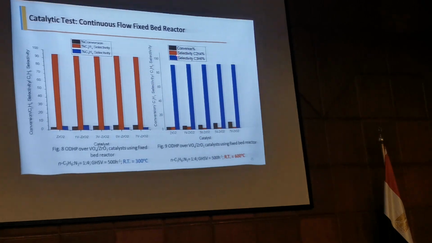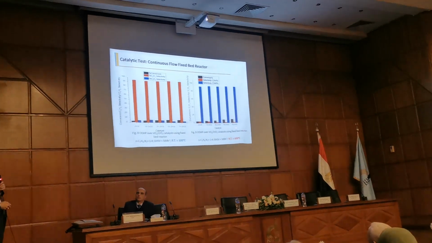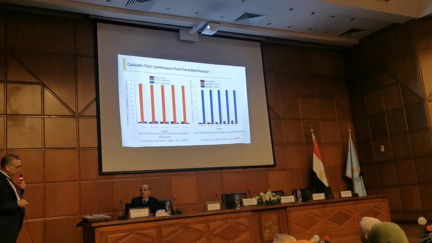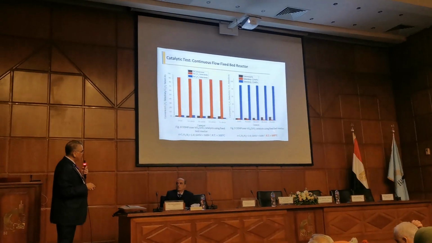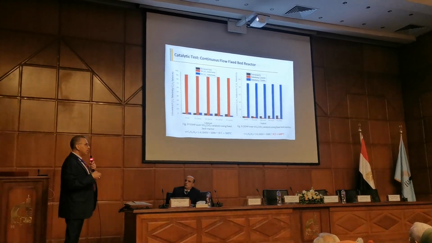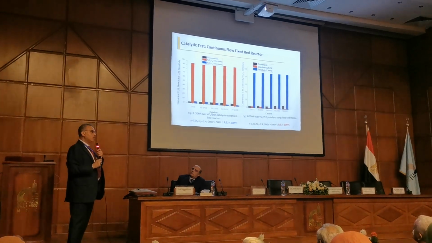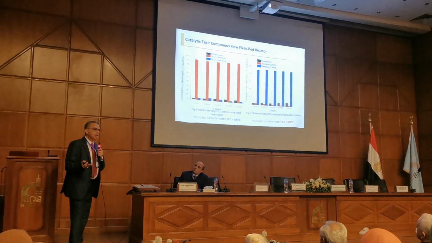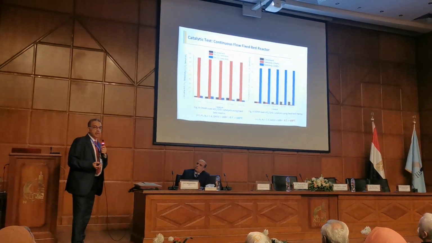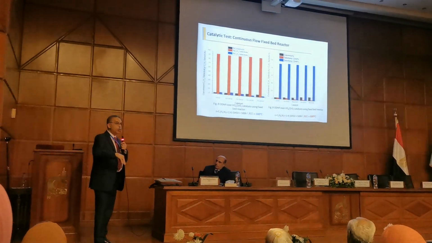The selectivity towards the production of propylene is increased at 600 degrees centigrade. But the question is, is 600 degrees centigrade a suitable temperature for industry? We came up with nice selectivity but very low conversion at 600 degrees centigrade. You have nothing. You have to think how to do this reaction at low temperature.